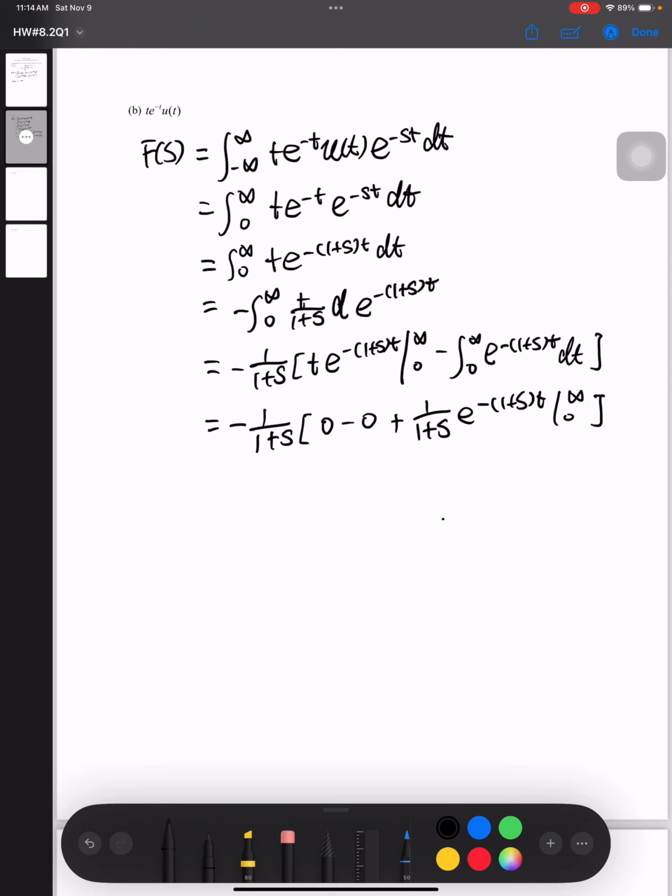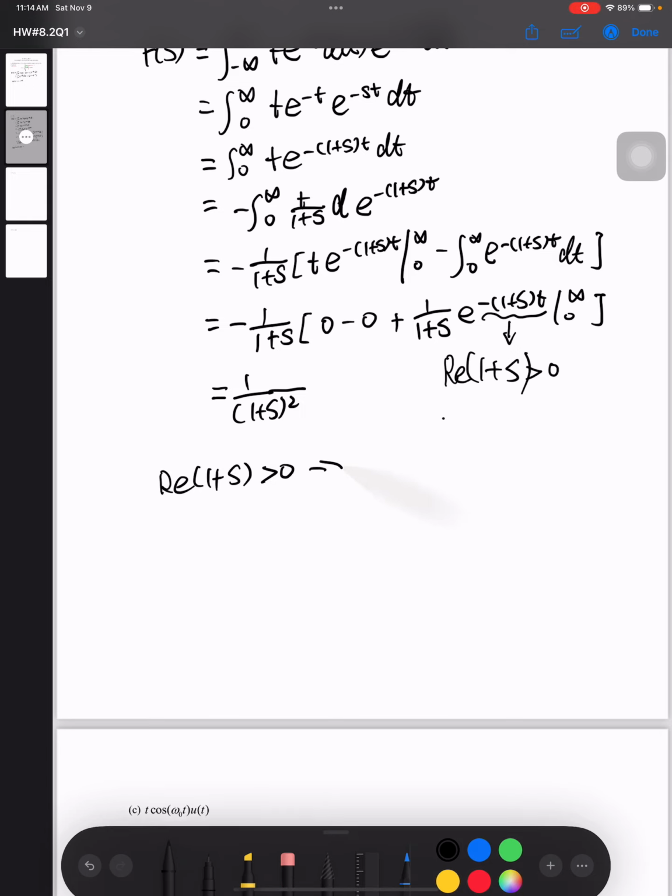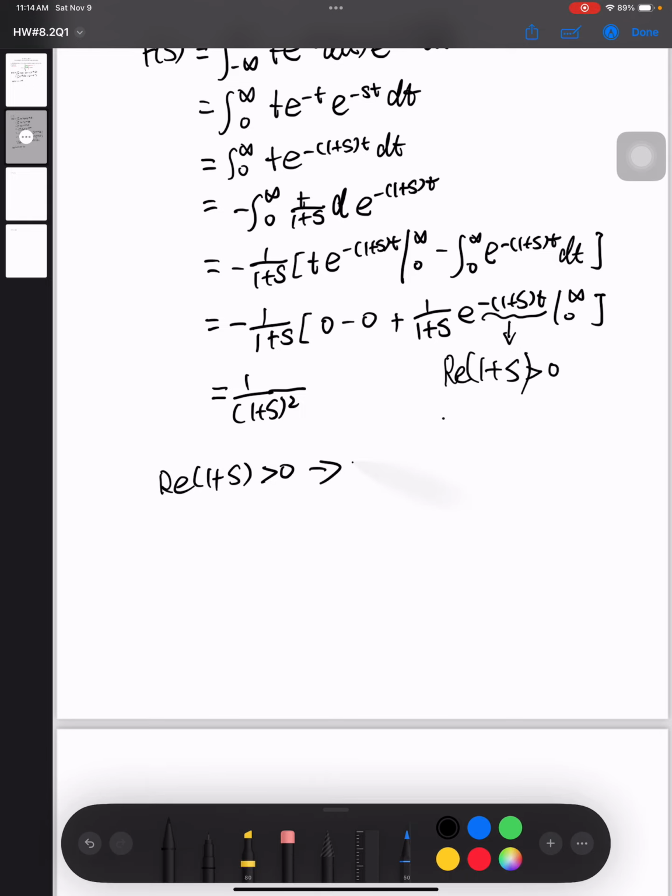To make this converge, we get 1 over the square of (1+s), and we need 1+s larger than 0, at least the real part. Which means the real part of 1+s is larger than 0, so the real part of s is larger than minus 1 for convergence.